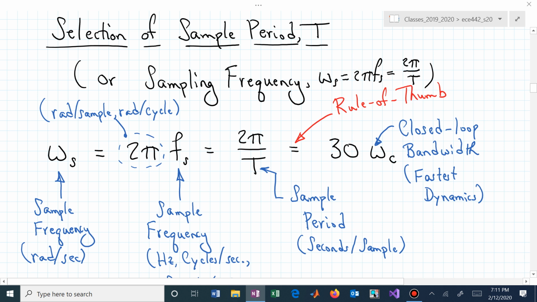That's what we're going to agree to in this class. Find the fastest pole. That's omega sub c. That's the closed loop bandwidth. You now scale that by 30. That's our rule of thumb. And then set that equal to 2 pi over capital T and solve for capital T. That would be your sample period. If you needed your sample frequency, that's just 30 times omega c, if it was in radians per second. Are there questions on that picture?